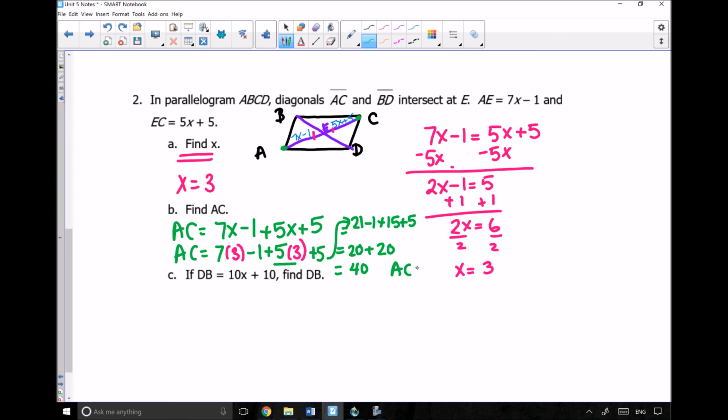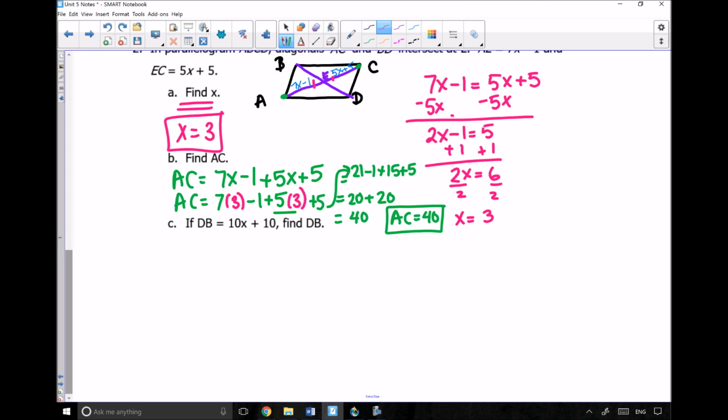Therefore, AC is going to equal 40. And we'll put a box around this to identify that x is 3.